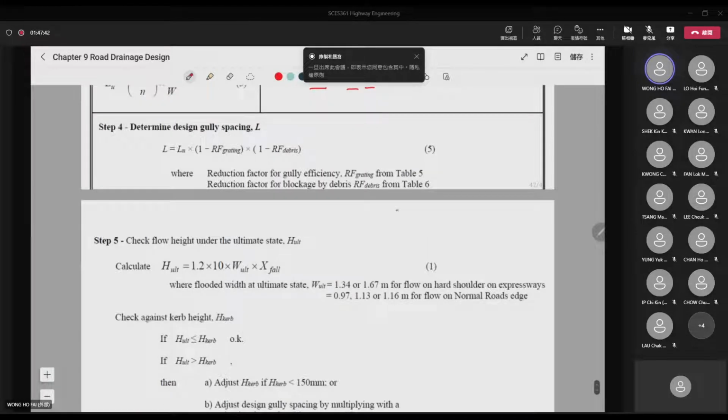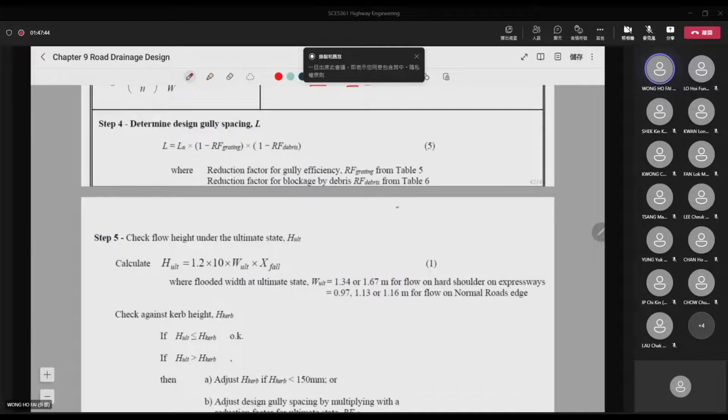Finally, after determining the spacing of the gully, you have the final check of the overall flow height of the water. The flow height is equal to the flooded width times the cross flow of the road.